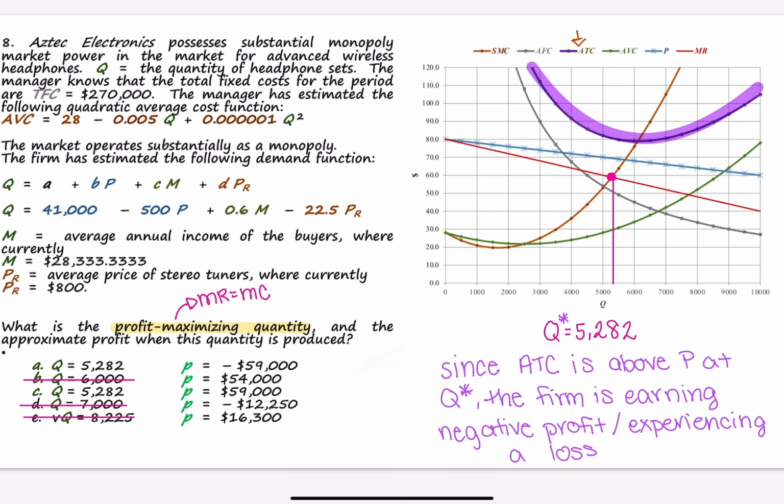And if we look at our answer choices, the only one where our P of our two that we have left is negative is A. So our answer is A.